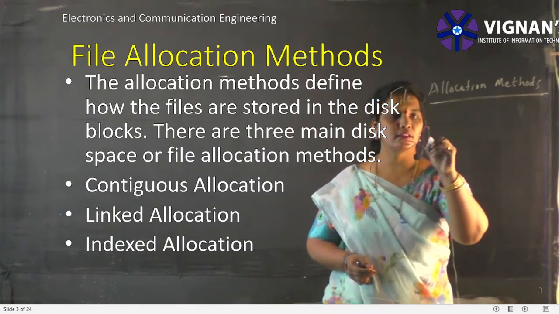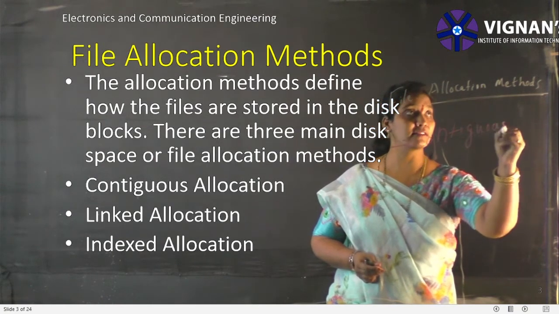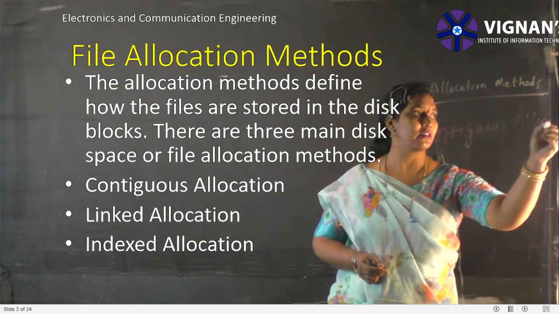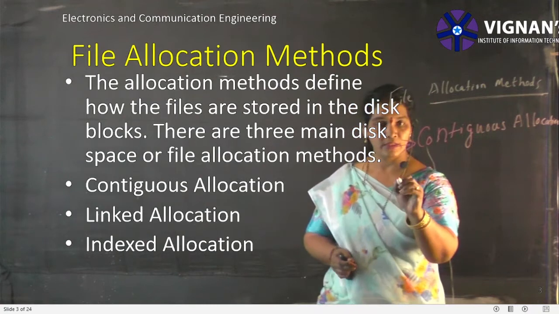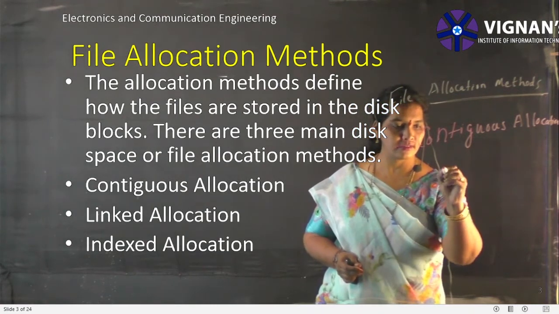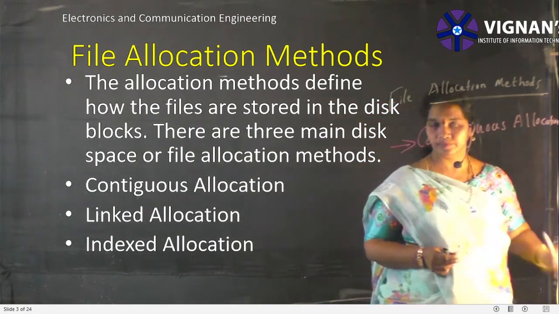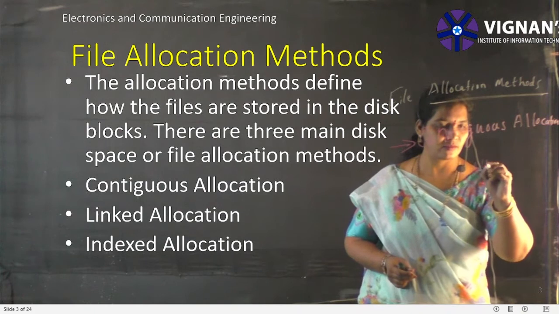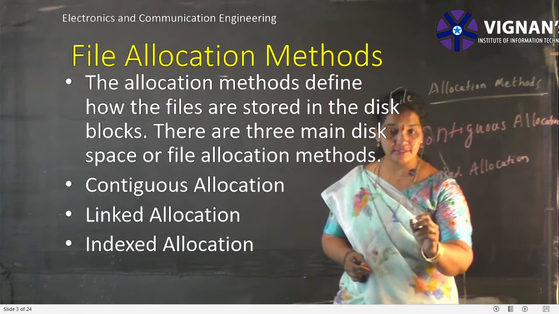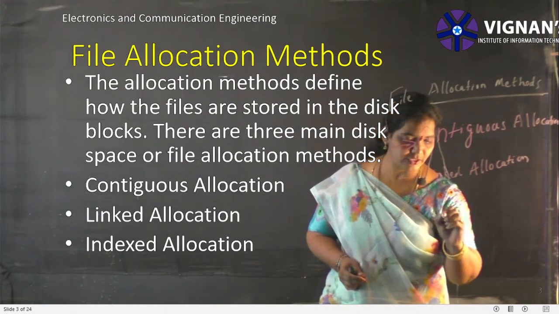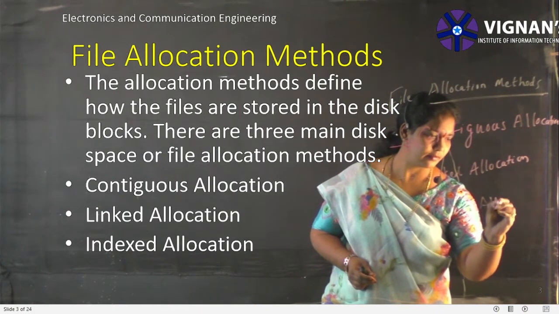One is contiguous, we can also say continuous allocation. Second one is linked allocation. And the third one is indexed allocation.